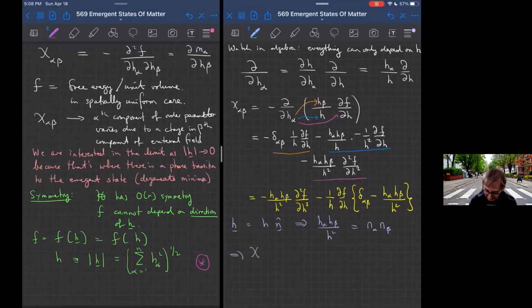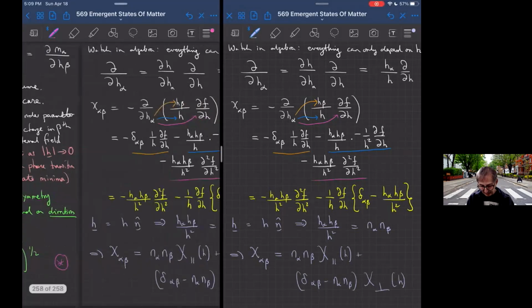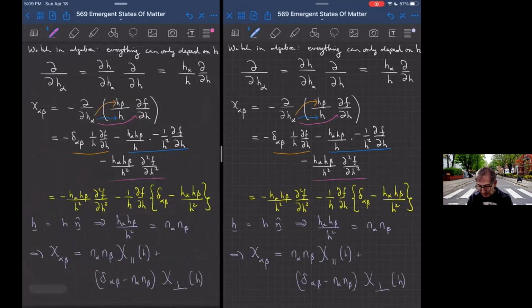And so I can write that chi_alpha beta is equal to n_alpha n_beta chi parallel of h plus delta_alpha beta minus n_alpha n_beta times chi perpendicular of h. So that's splitting it up into longitudinal and transverse parts.